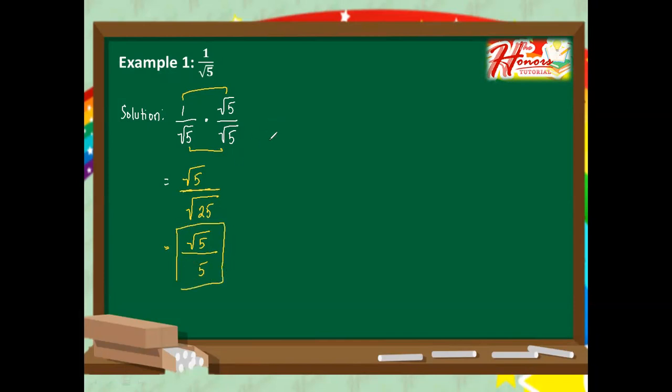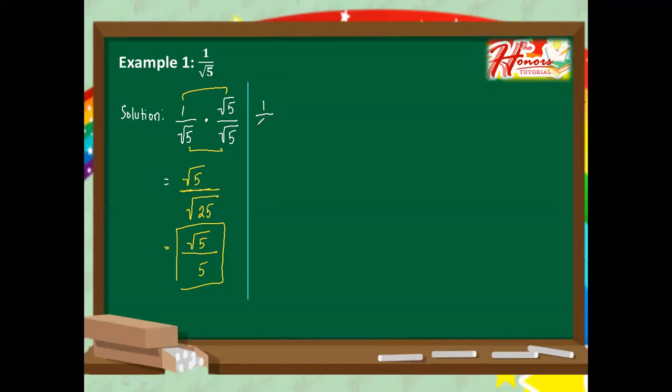So this is the first way of solving it. There is another way. It will only differ in this part of your solution. Let me show it to you. But you will see in the end that it will produce the same answer. I will use this side. I will copy the given again.